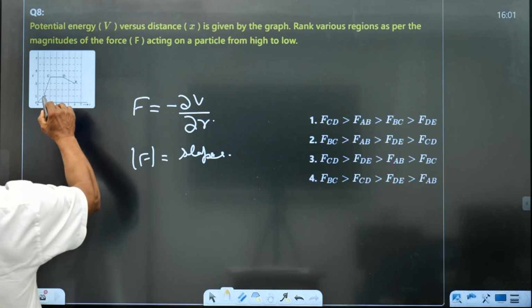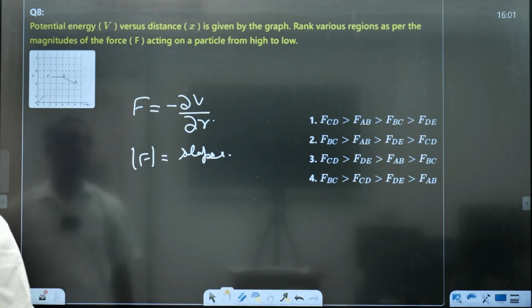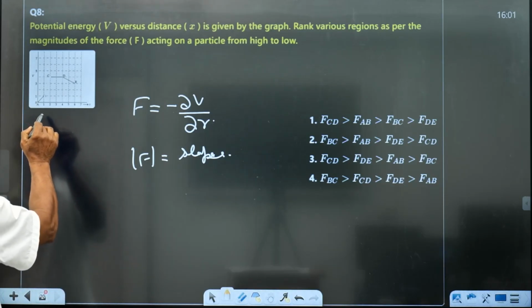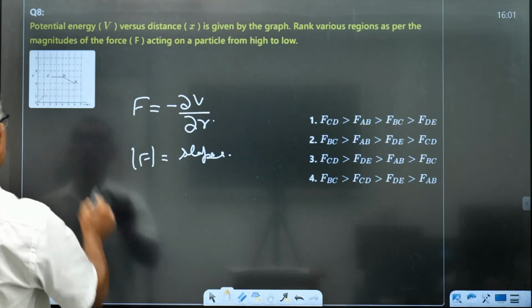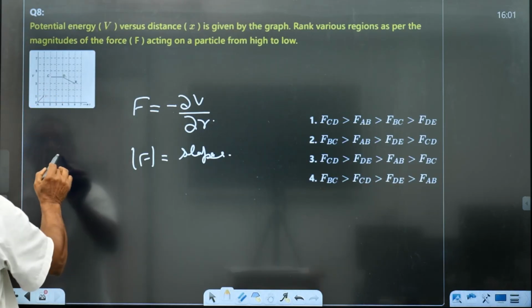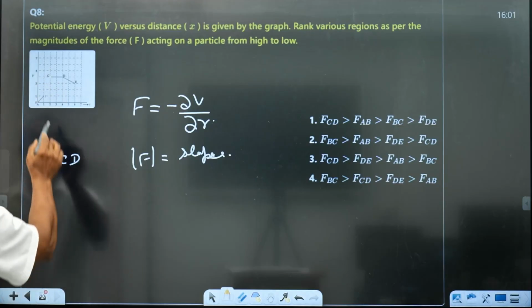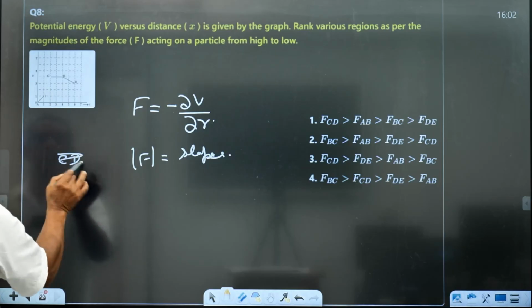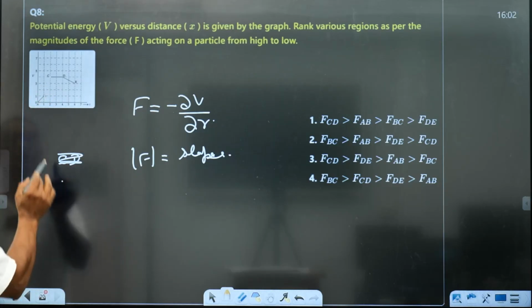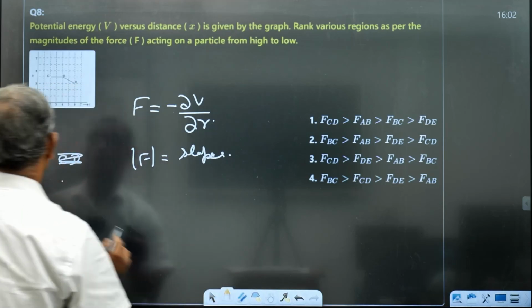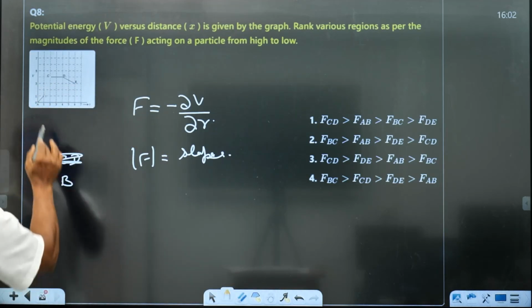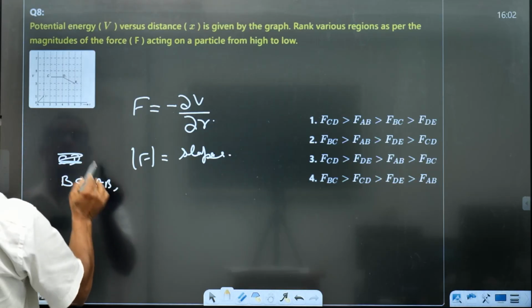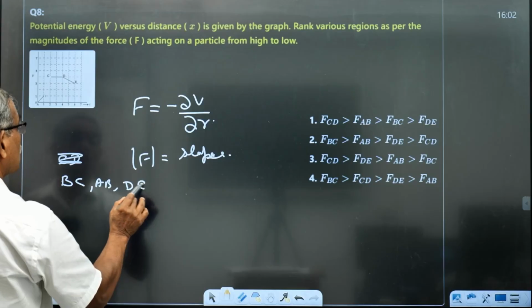Here you can see that the slope is maximum at BC, then AB, then DE, then CD.